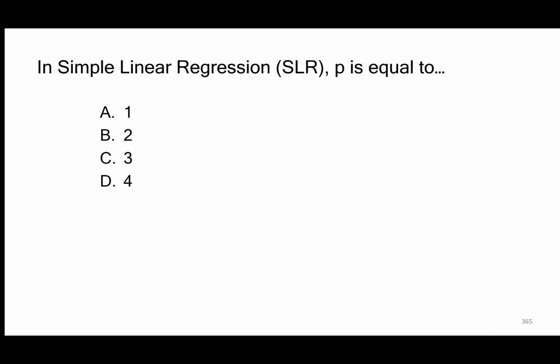Here's a good place to pause before I explain the answer. Remember, p is equal to the number of explanatory variables. In multiple linear regression, this is going to be 2 or more. In simple linear regression, it's just going to be 1. Simple linear regression is 1 explanatory variable, 1 quantitative variable, and one response variable, which are going to be quantitative.